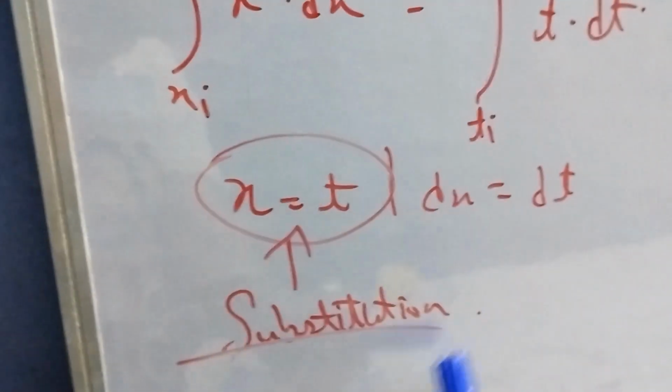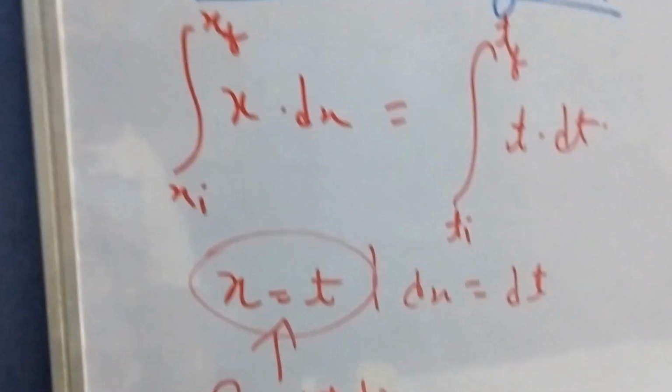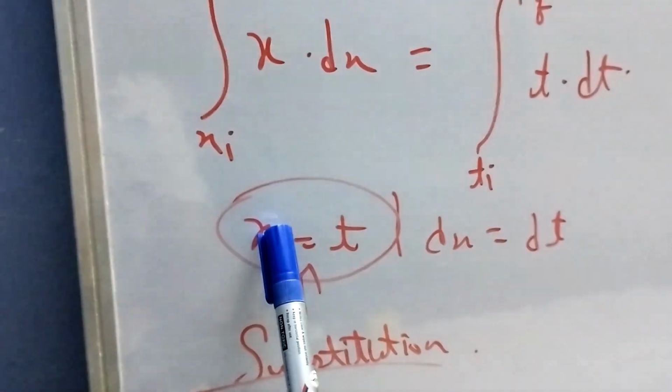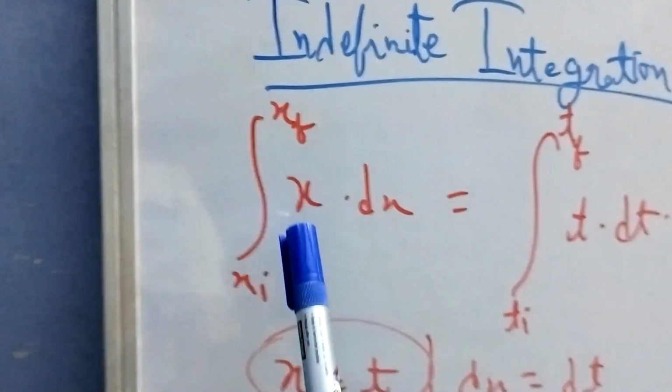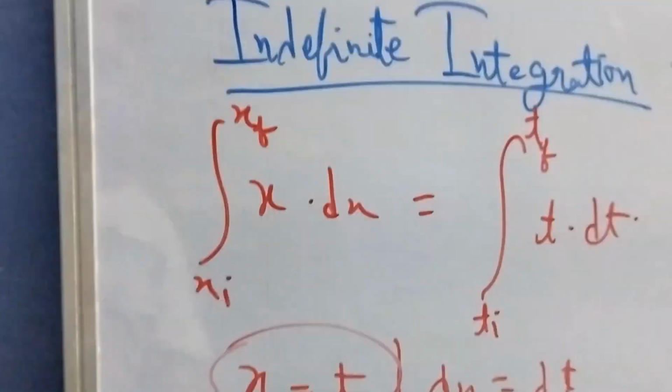See, this is the substitution. What substitution means is that you substitute some value in place of x or y, whatever variable the function is made up of. What a function is, you know well, I think.